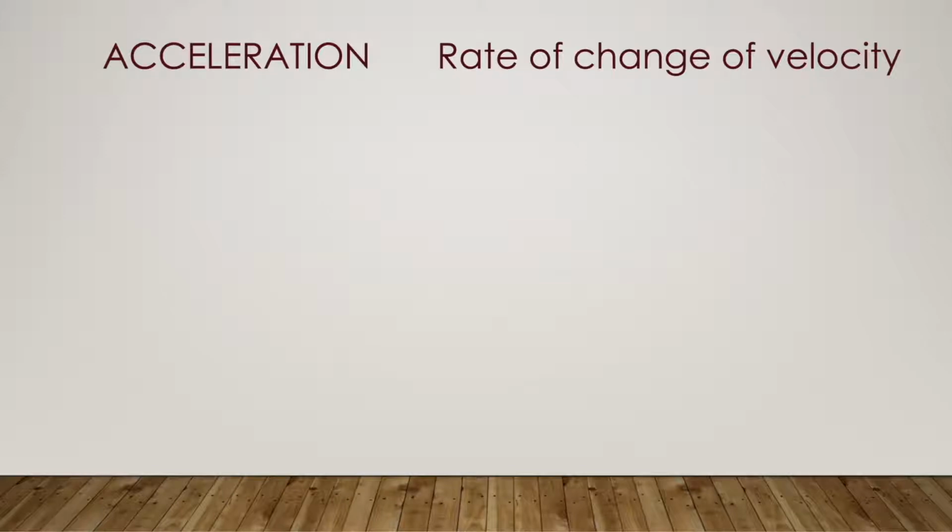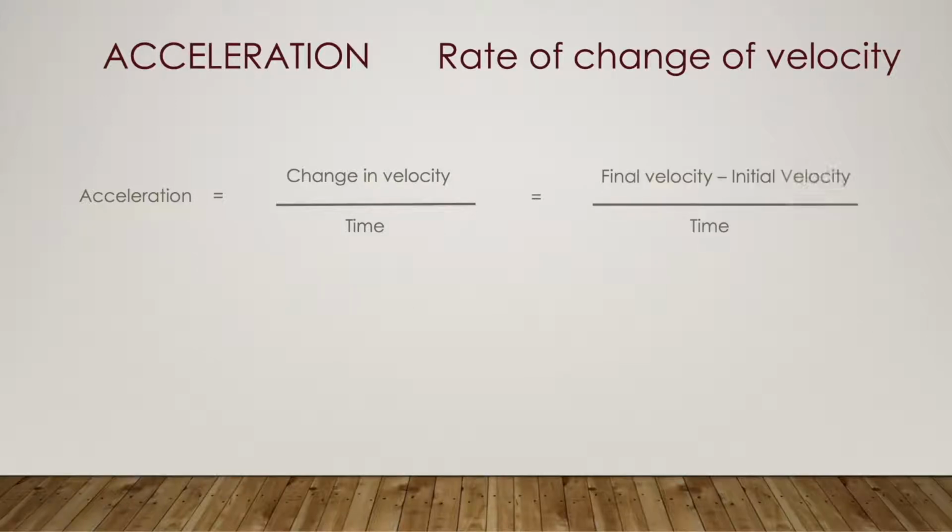Because acceleration is the rate of change of velocity, acceleration would be equal to change in velocity upon time, which means that acceleration is equal to final velocity minus initial velocity upon time.